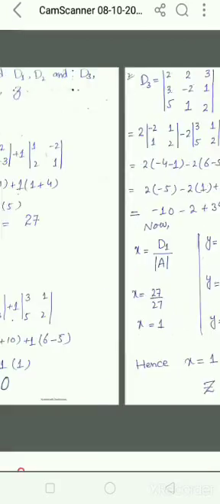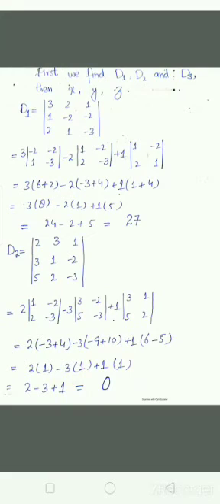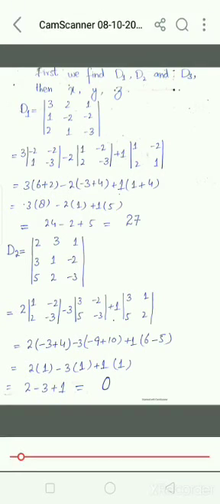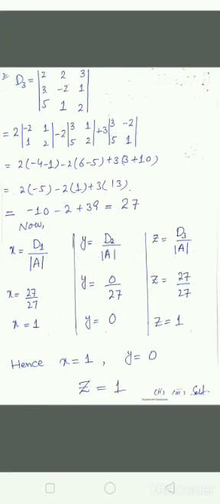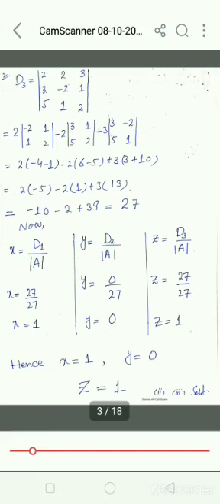Now we have found three determinants. The first determinant value is 27, which is obtained by replacing the first column. The second determinant value is obtained 0, which is obtained by replacing the second column, and the third determinant value is obtained equal to 27, which is obtained by replacing the third column of the given matrix A. Now Cramer's rule is about the value of determinants.